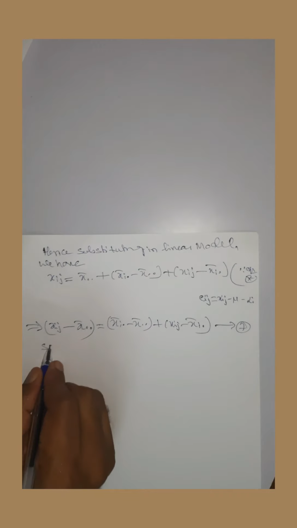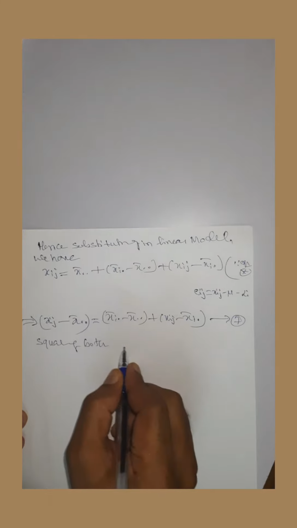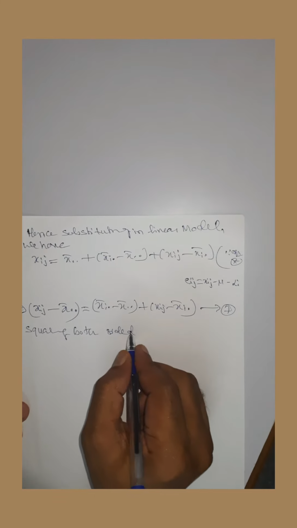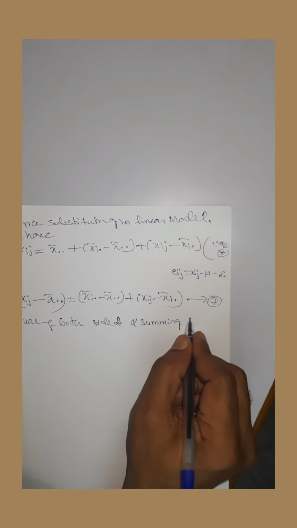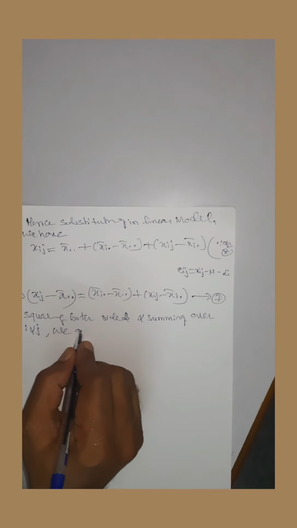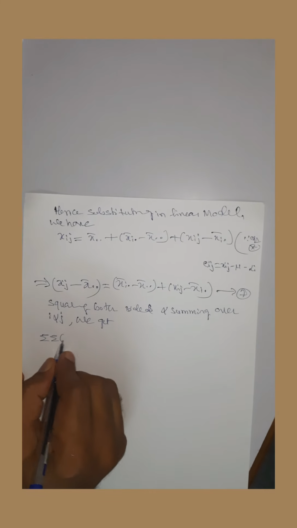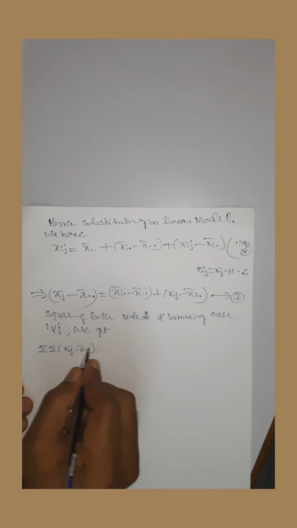Now squaring both sides and summing over i and j, we get double summation xij minus x bar dot dot whole square.